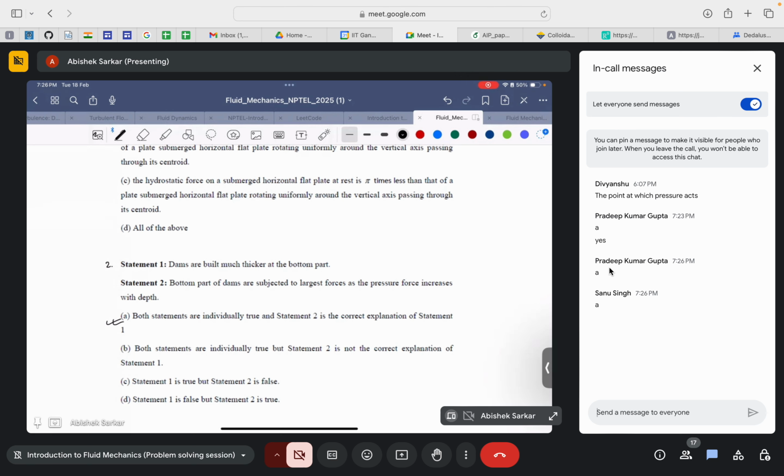Since we saw that the pressure distribution in the case of hydrostatics increases linearly with depth, right? We saw the pressure distribution increases something like this. So since the bottom part of the dams experiences the highest amount of pressure forces, it is just wise to build the bottom parts of the dams thicker than the upper parts, right?